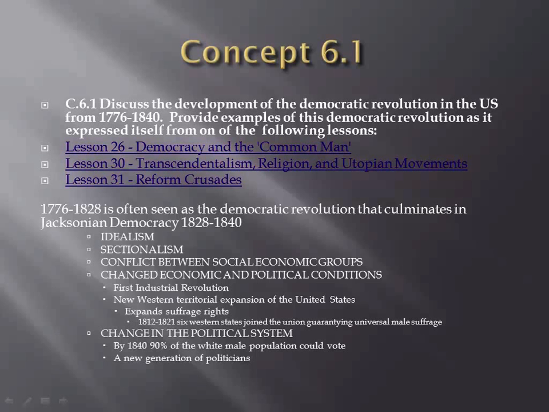All right, so the period from 1776 to 1828 is often looked upon by historians as a democratic revolution that was to culminate in Andrew Jackson's presidency and what is known as Jacksonian democracy from 1828 to 1840. So, idealism.